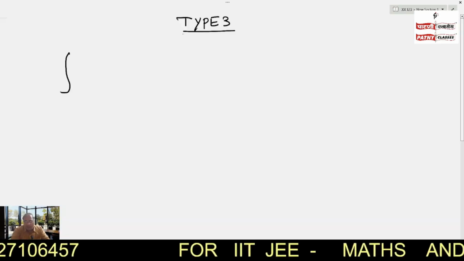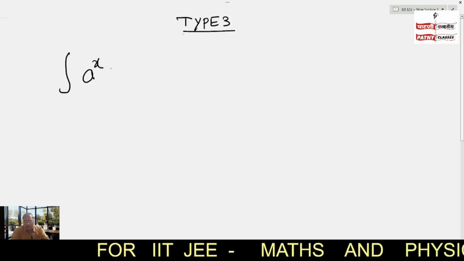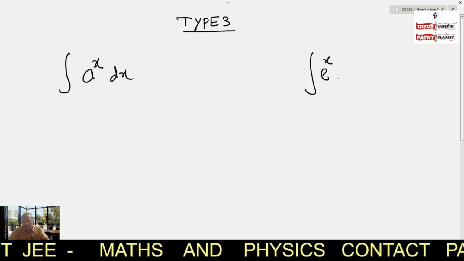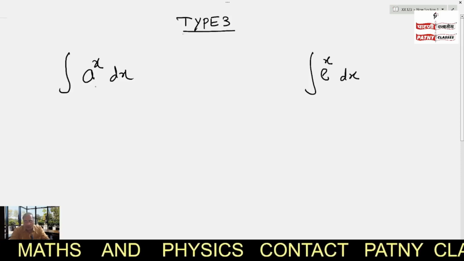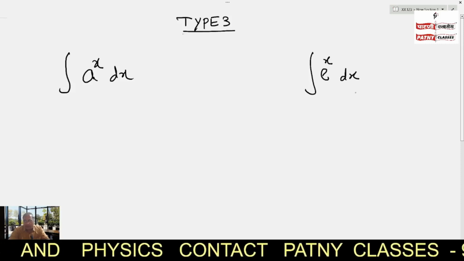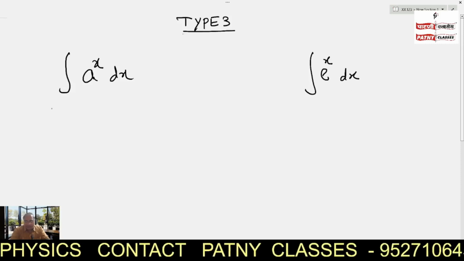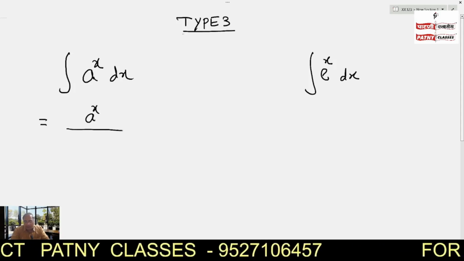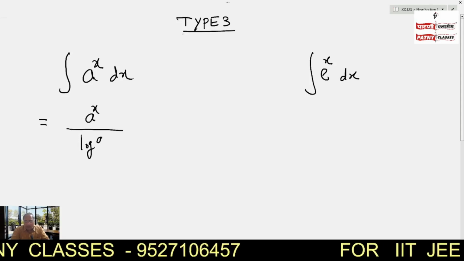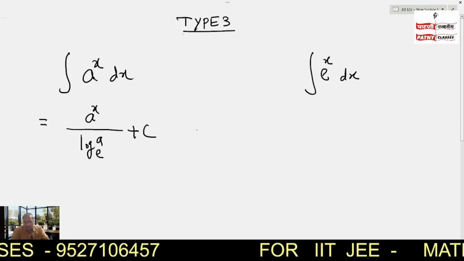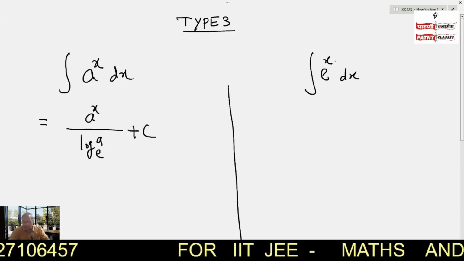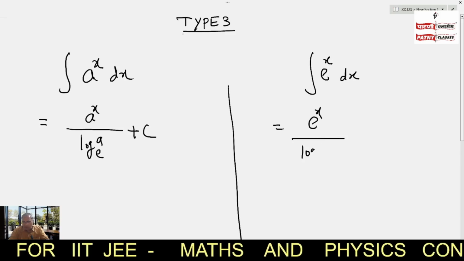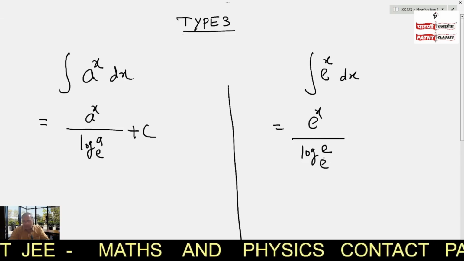Now consider integration of exponential functions. We consider integration of a raised to x with respect to x and integration of e raised to x with respect to x. As I already told you, a is any number and e is a transcendental number. Integration of a raised to x is given by a raised to x upon log a to the base e plus c, and integration of e raised to x is given by e raised to x upon log e to the base e.